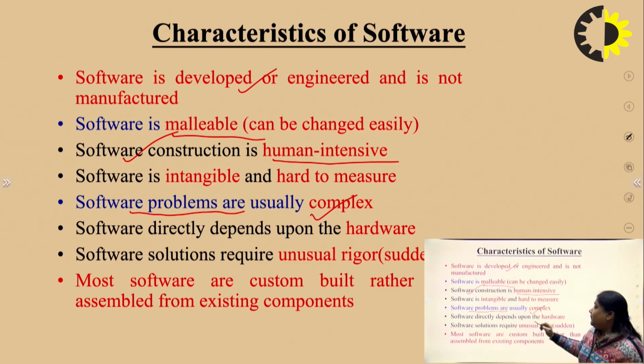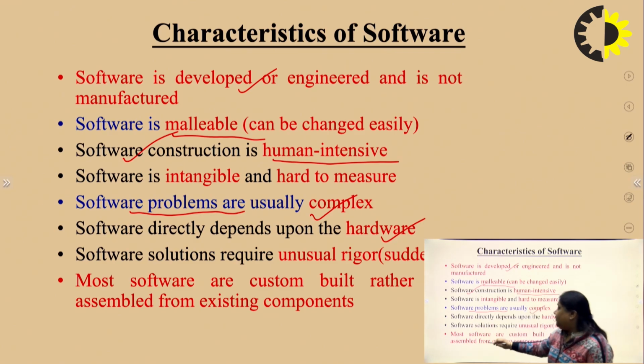Software directly depends upon the hardware. Software is dependent on hardware in terms of configuration: which operating system supports it, what type of Windows, what type of RAM, ROM, and hard disk. So that type of need is required in the software.